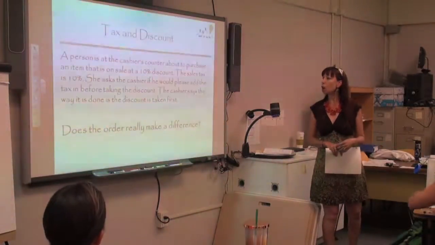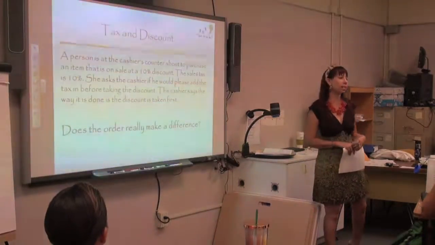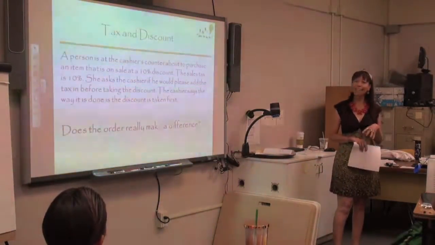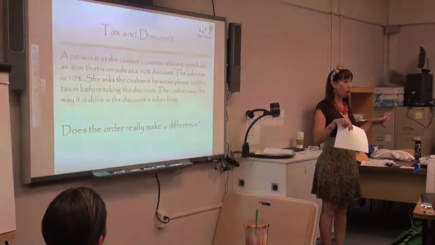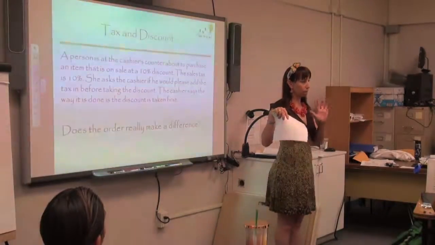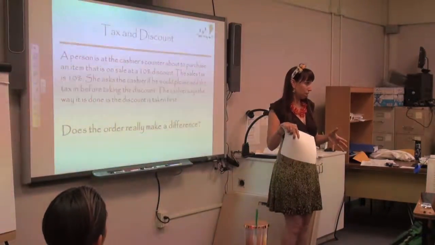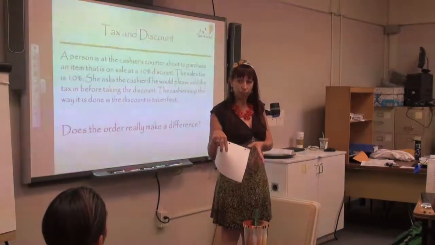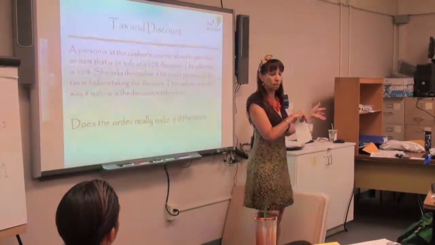Okay? So the person is asking the cashier if they could add the tax to the cost and then take away the discount so that then that person could buy the item. When you go, it's usually a different way.